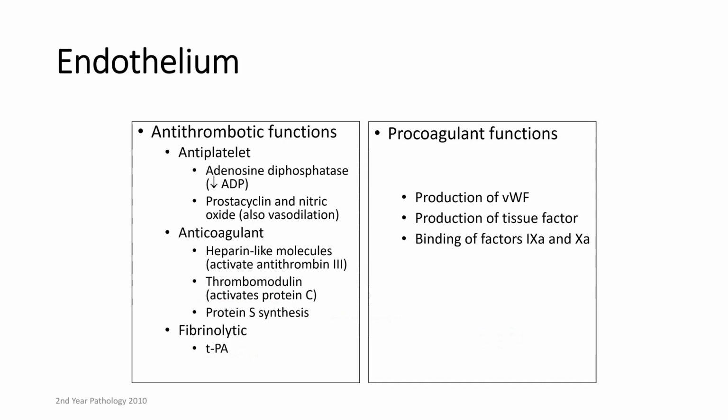The fibrinolytic functions include the production of tissue-type plasminogen activator. The procoagulant functions, on the other hand, include the production of von Willebrand factor, production of tissue factor, and binding of factors 9A and 10A.